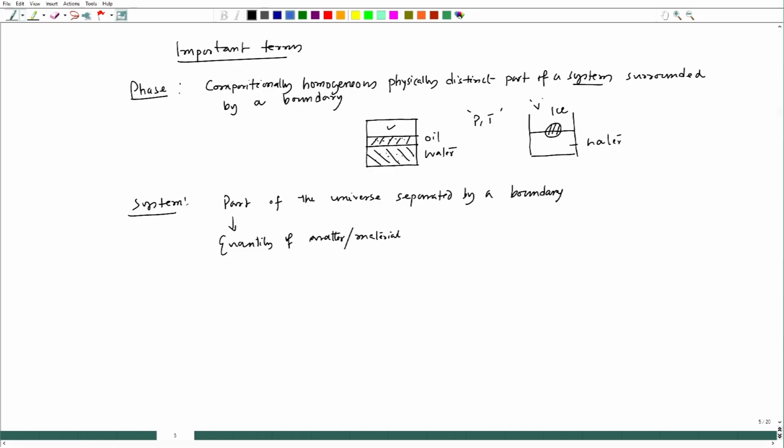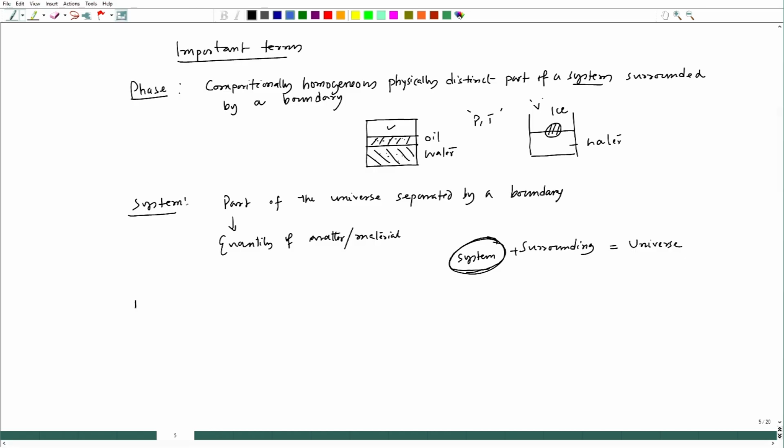So, this is a system, and outside would be the surrounding. The system is separated from the surrounding with the help of a boundary, and system plus surrounding constitutes the universe. Now, this boundary we have to define.